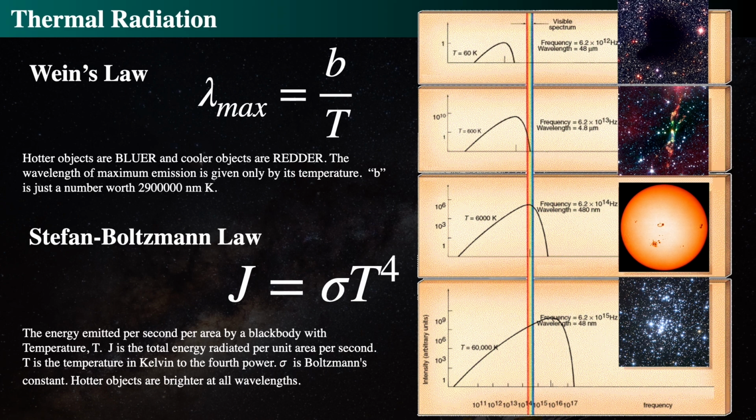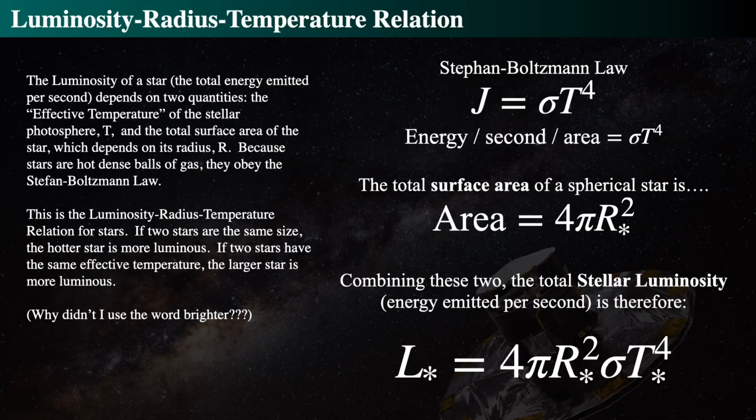So there is a relationship between the luminosity of the star and its temperature. And what is the luminosity of the star? The luminosity of the star is the total amount of energy coming off of the entire surface area of the star. So we can use the Stefan-Boltzmann law that says energy per second per unit area, and say what's the total surface area of a star, which is spherical.